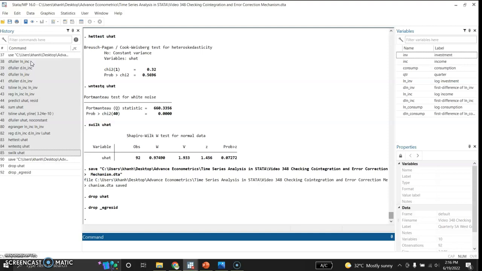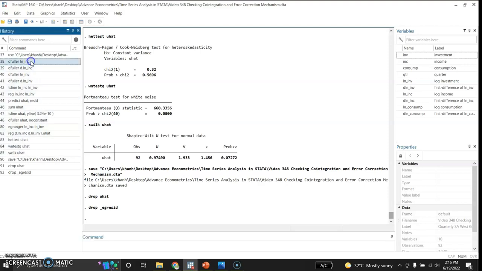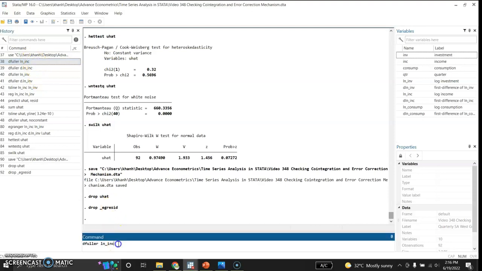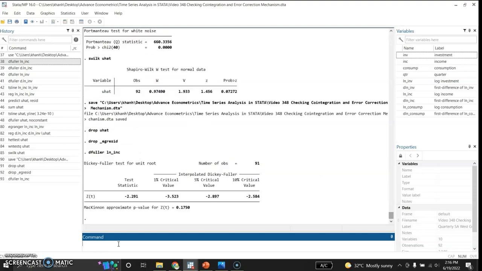So I start with the income. Income is my dependent variable, and I'm using the Dickey-Fuller test to show whether my log of income variable is stationary or not. Since this is in level, the test statistic is less than the critical values at 10%, 5%, and 1%.